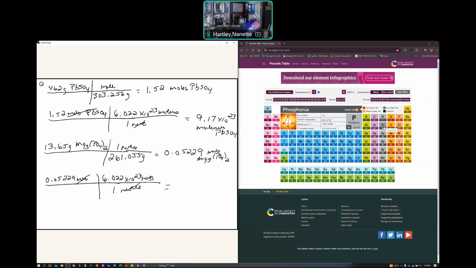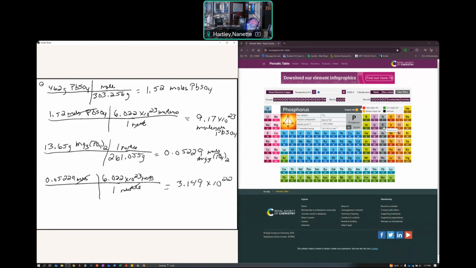And I end up with 3.14, and again, it should be 4 sig figs based on this number that I have here, 3.149 times 10 to the 22nd.